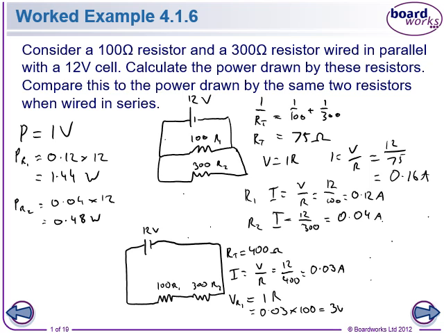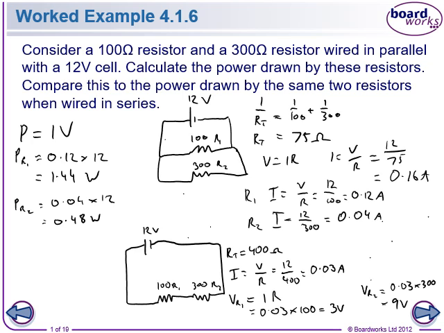So we have 3 volts going through R1. Now looking at our total voltage is 12, we would expect 9 volts to be going through R2. So let's have a look. VR2 is equal to 0.03 multiplied by 300, and sure enough, that's 9 volts.